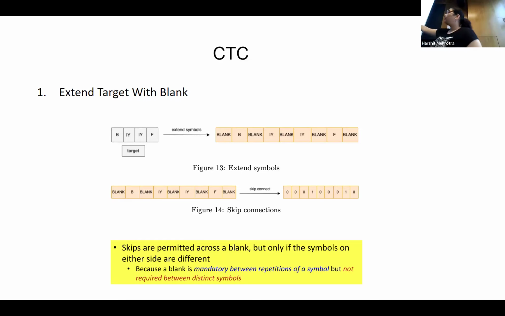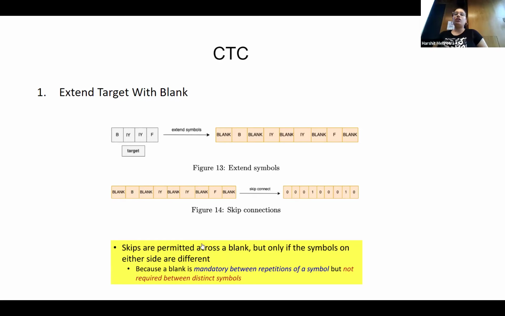So once you have your extended symbols with the blanks in there, you essentially convert that into an integer array, which specifies if there is a connection between any 2 symbols. So on the left, you see that you have blank, B, blank, IY, and so on. On the right, that array will basically tell you whether between any 2 symbols, you are allowed to skip a connection or not.